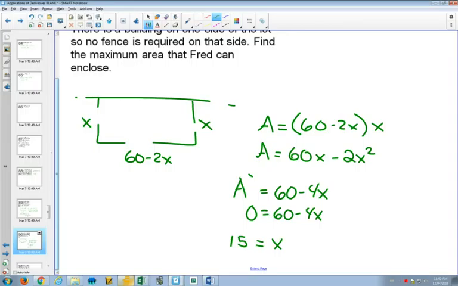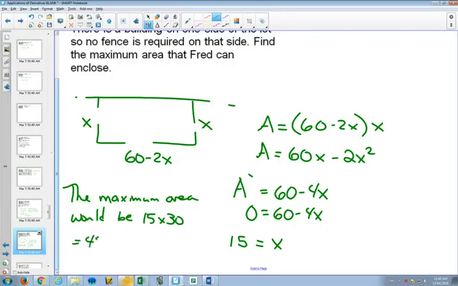Now, x is 15 isn't our maximum area, that's just one of our dimensions. The question says find the maximum area, so the maximum area would be, well, if we had 15, it would be a 15 by 30, which is equal to 450 meters squared.